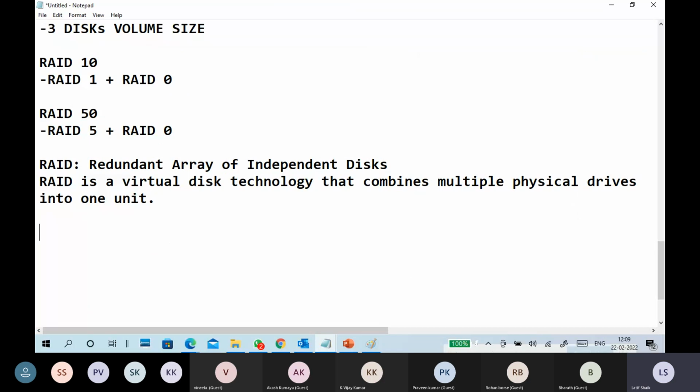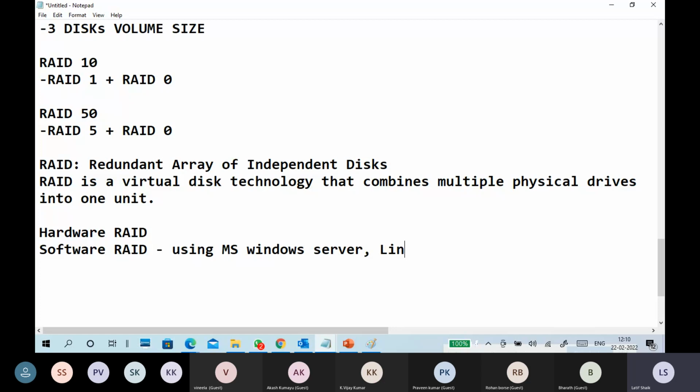Guys, in RAID, two types are there. One is hardware RAID, another one is software RAID. Software RAID means using Microsoft Windows servers or Linux operating systems, different operating systems or applications, the RAID related applications.